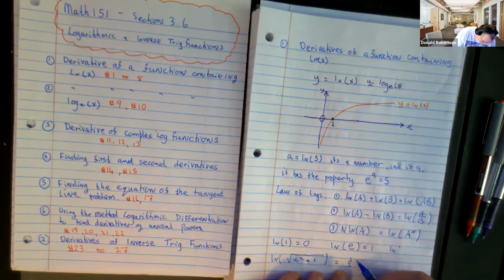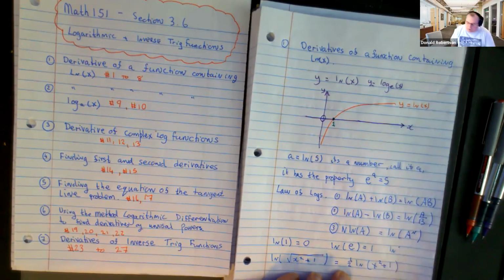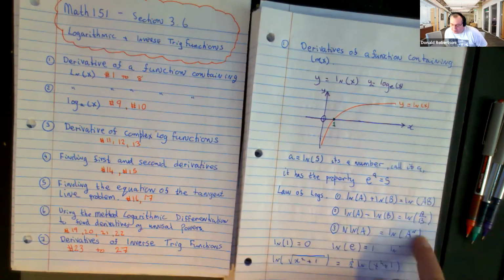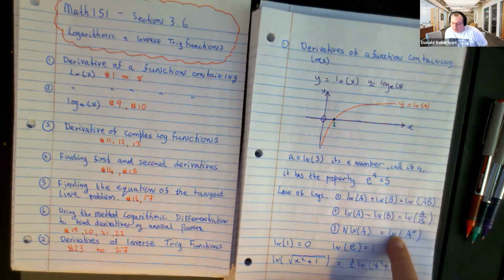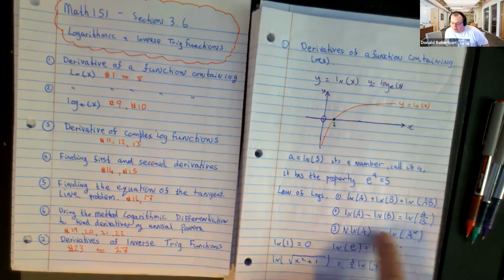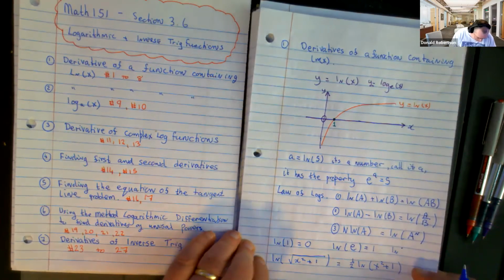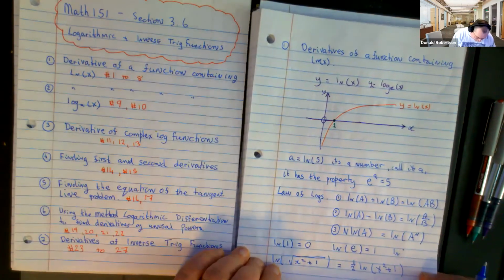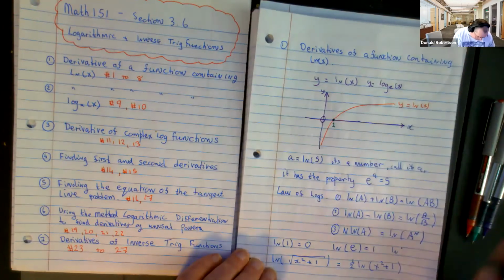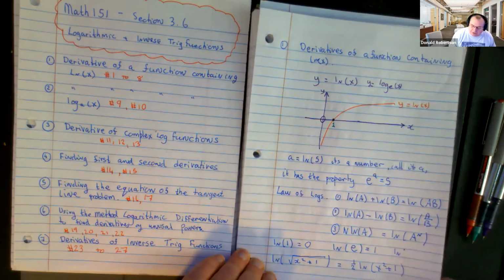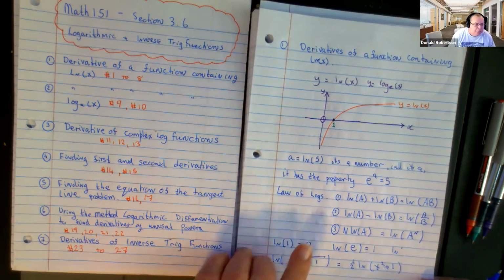So square roots are the equivalent of a half of a log. I'm actually just using a version of number 3: a log of e to the half is a half log a. E to the half just means square root. So that's our building blocks of what the log function looks like, what it means, and some of the ways in which you can manipulate things that contain logs, called the laws of logs.